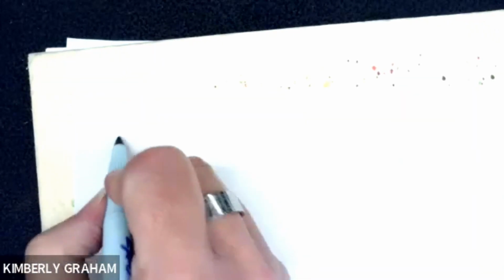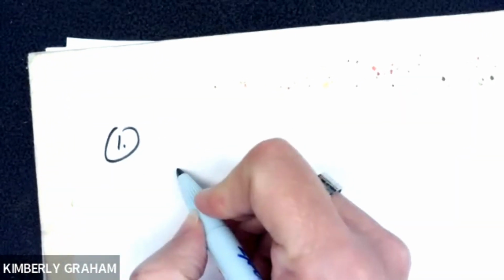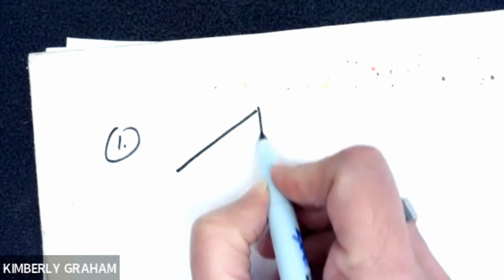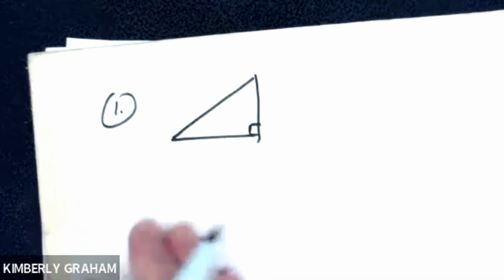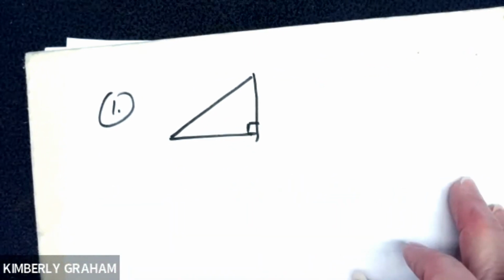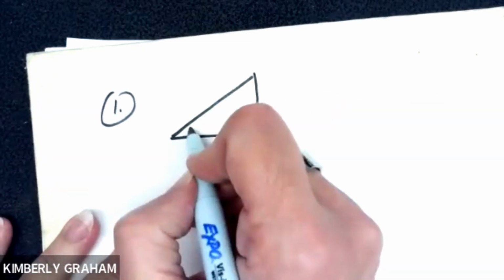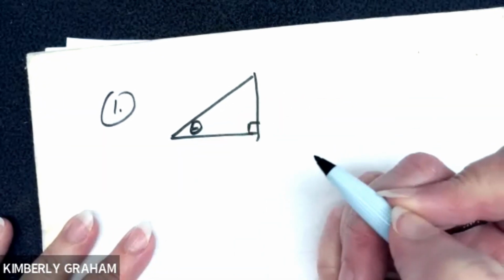So I'm going to start off by sketching out a right triangle. You are going to have to prove one of these on your test next week. This is going to be theta.